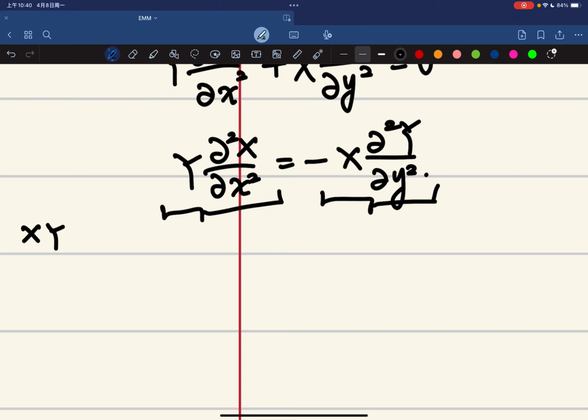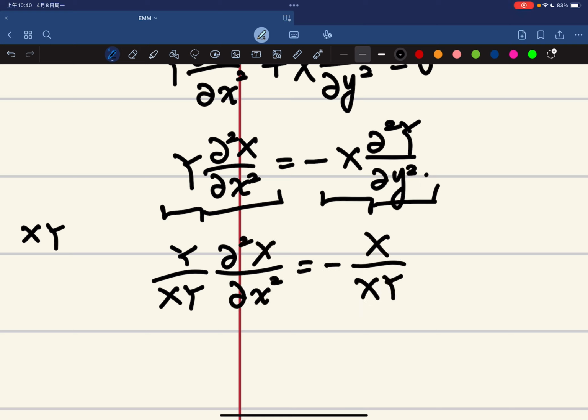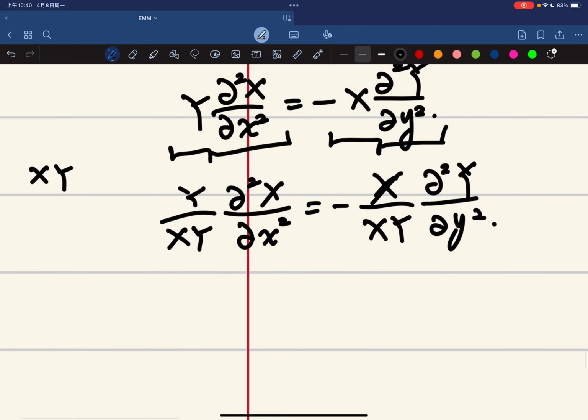So divide both sides by XY. I missed one step. Okay. And X cancels, and Y cancels. So now we have this. Oh, perfect. We have this form.